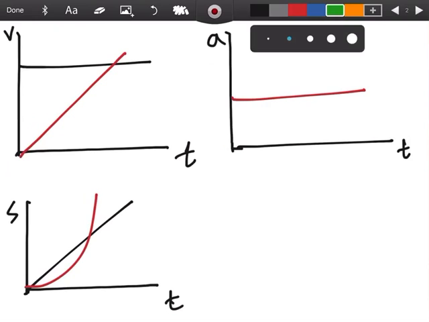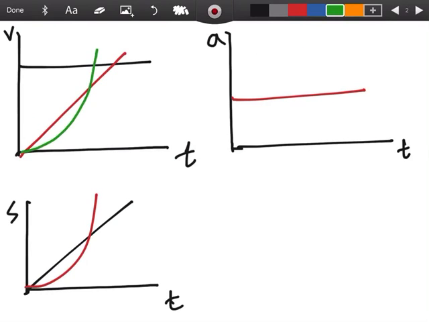But what if we have a line like this for a velocity time graph? We can no longer use the Suvat equations. So we've got a bit of a problem here. Can't use the Suvat equations anymore.